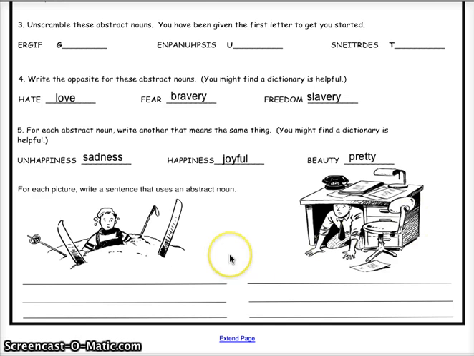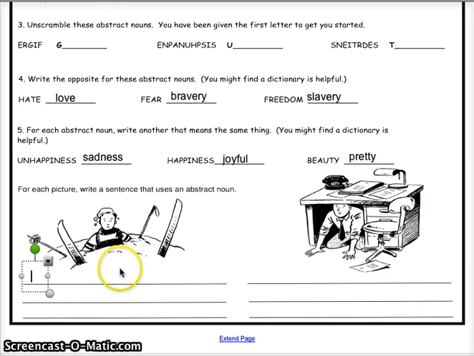All right. This last part says, for each picture, write a sentence that uses an abstract noun. So we can think about their emotions, what they're going through, to see if we can have an abstract noun. What do you think he's feeling right now? Maybe a little scared or frightened, or maybe a little disappointed or aggravated that he crashed in his ski accident. So let's see.